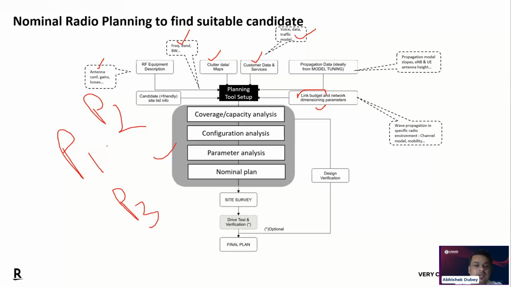As I explained, in one target location there could be a nominal, but around the nominal you also have to give the options in terms of P2 and P3. Through this procedure you get these options, and through the site survey you survey all the options and make a report based on the clutter photo, the civil infrastructure, the power requirement and so on.